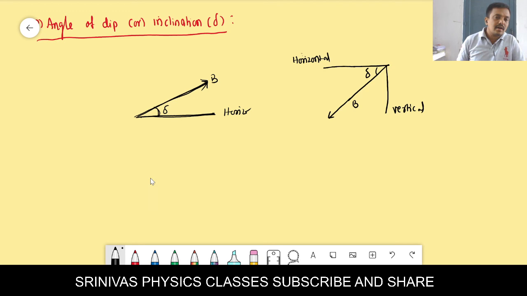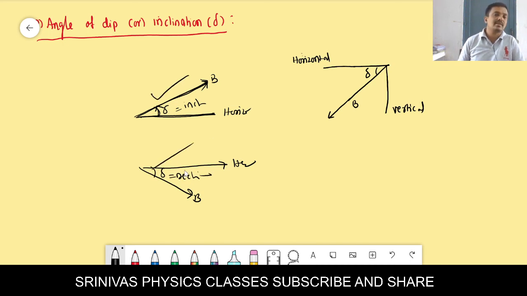If the net earth magnetic field is above the horizontal, that is said to be inclination, and if the net earth magnetic field is below the horizontal, that is said to be declination. Either inclination or declination we take.